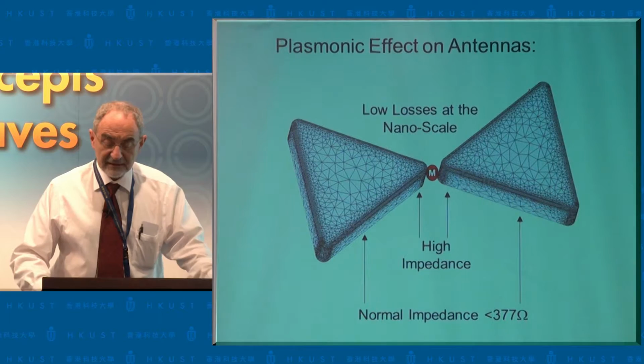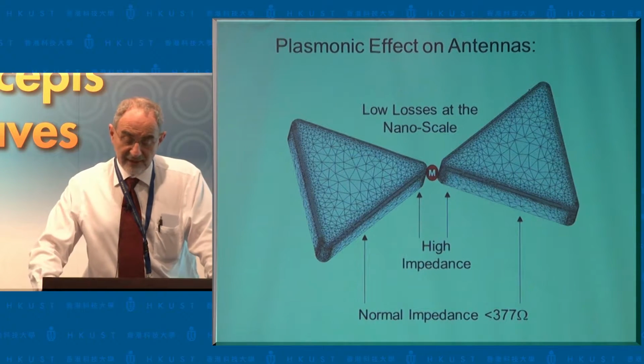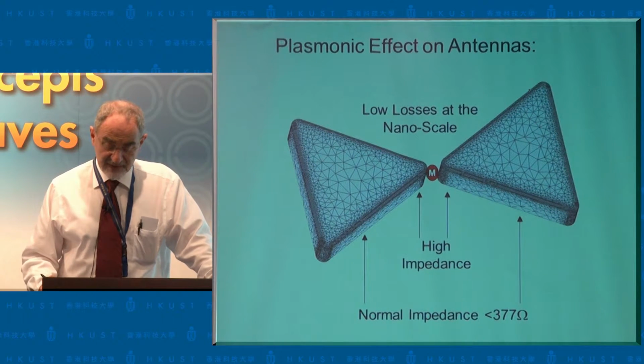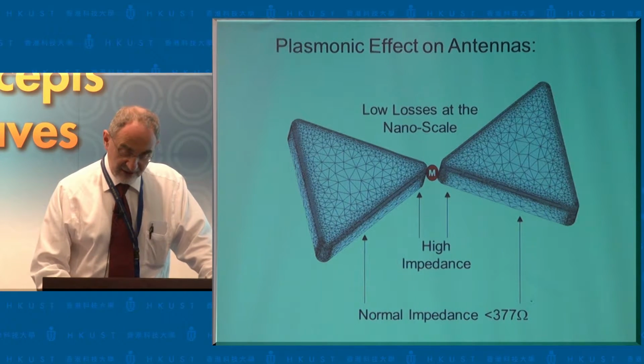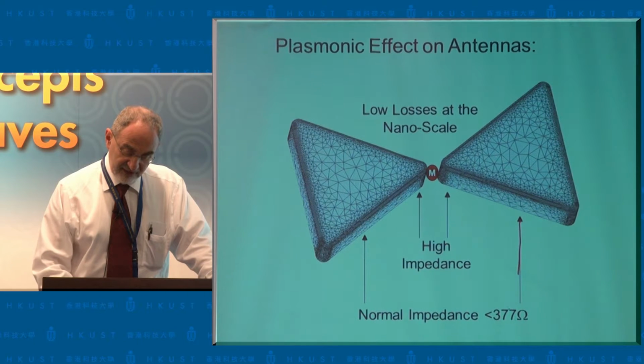What about plasmonic effects? Antennas are not inherently plasmonic, but as we go to optical frequencies, the plasmonic effects emerge. One of the most interesting effects that does not occur in the microwave region is this: in a bow tie antenna, the outer reaches of the antenna behave rather normally.